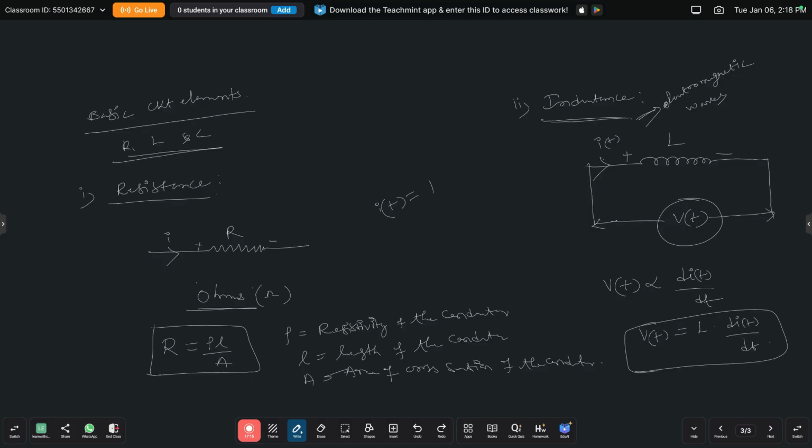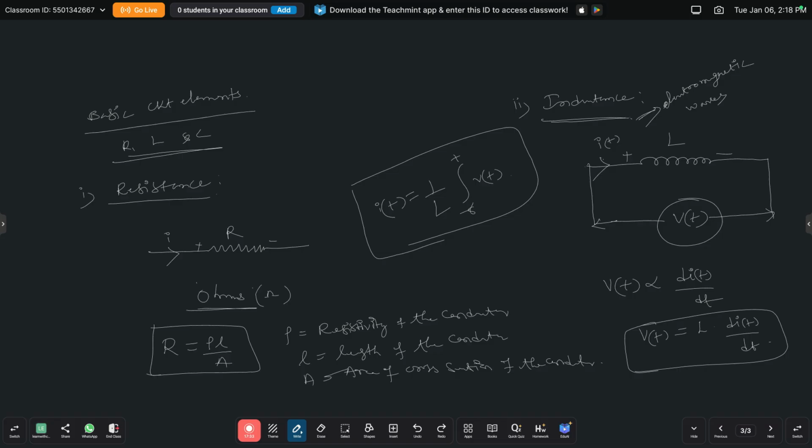I of t can be found by 1 by L into the integration from minus infinity to t of V of t. So this is the formula for current I of t when the V of t value is already known. This is the second basic circuit element, that is inductance.